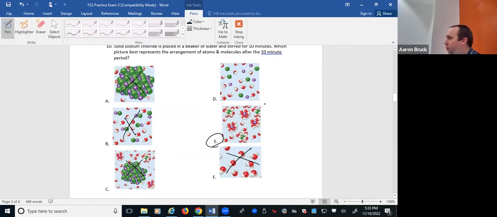Now, what's important for us to note, and this is where some of you got into trouble on the quiz, is that there is a specific nature to how those water molecules are setting themselves up. If you look closely, I'll see if I can zoom in on this a little bit.